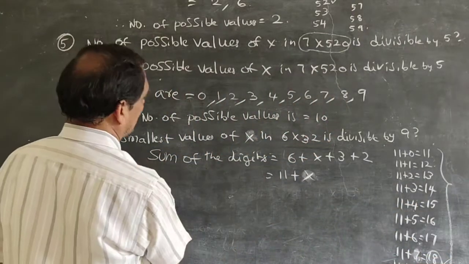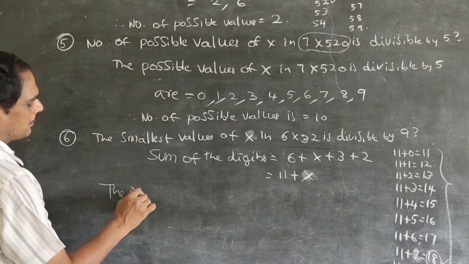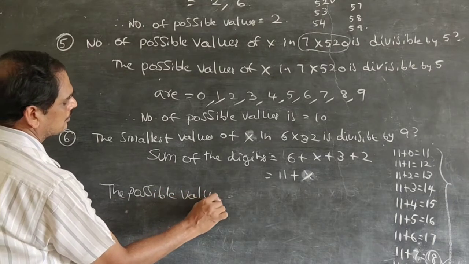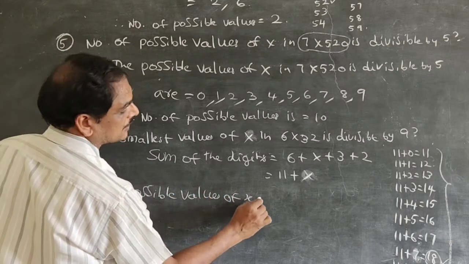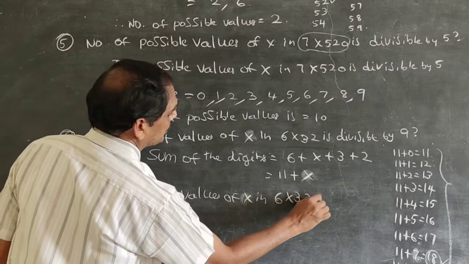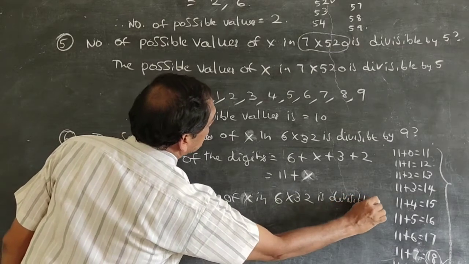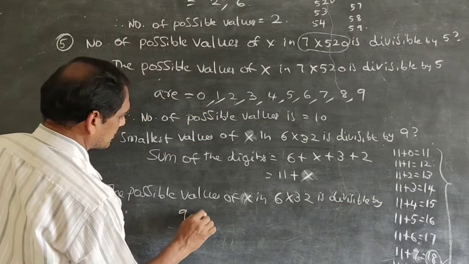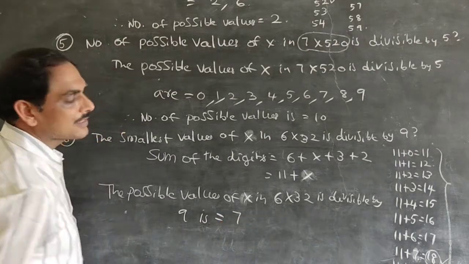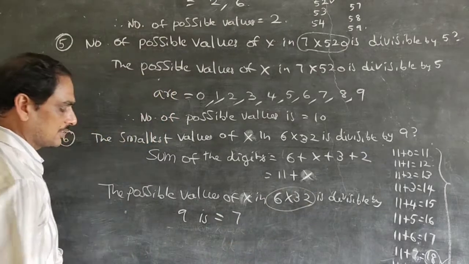So the possible value of x in 6x32 divisible by 9: here only 7 is the digit for which this number is divisible by 9.